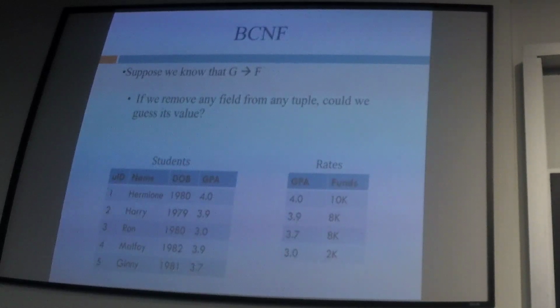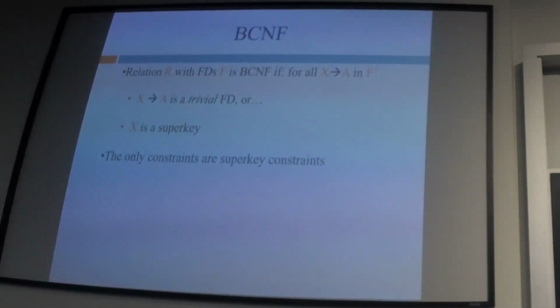If you removed every UID, could you infer all of the UIDs? No, and you couldn't infer any of the UIDs. But even just doing it one cell at a time, that's kind of what we look at in determining Boyce-Codd normal form. So this is the more pictorial example way of describing this.